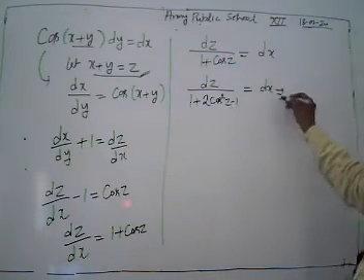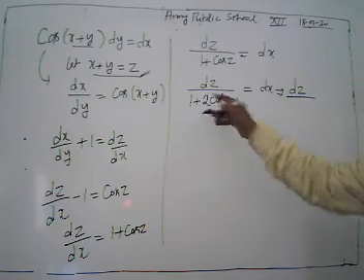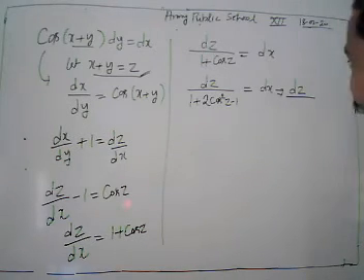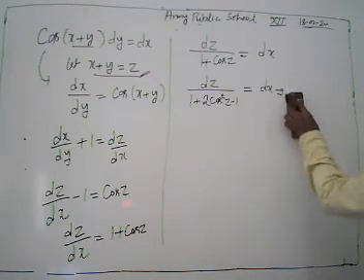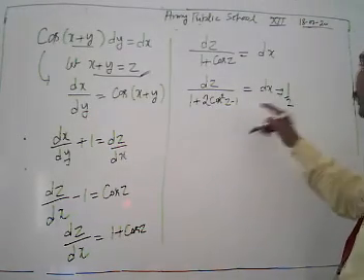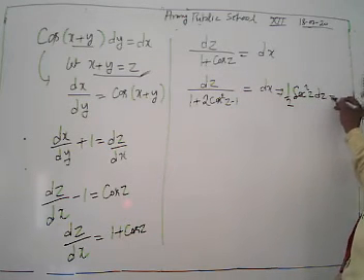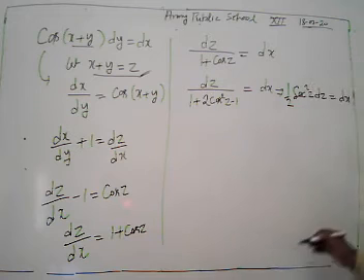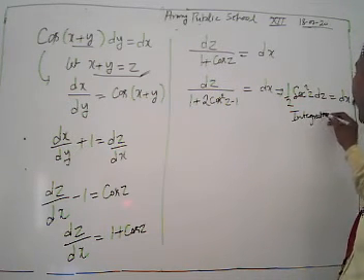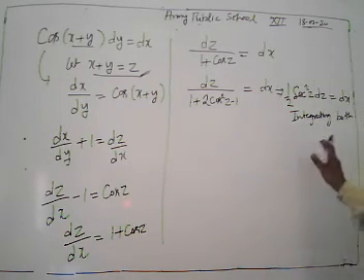Then this reduces, the 1 and minus 1 cancel out, and we have 1 by 2, 1 upon cos square is sec square (z/2) dz equal to dx. Now we are going to integrate both sides.